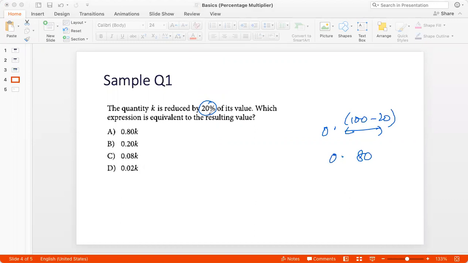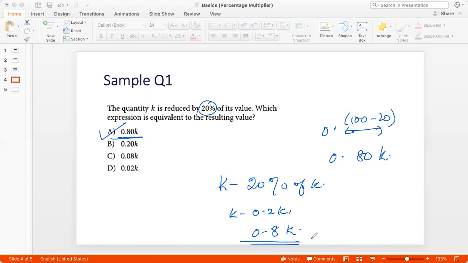So the quantity K reduced by 20% is 0.80K. If I were to do it by the longer method, I would say K minus 20% of K, which is K minus 0.2K, which is 0.8K. So I get the same result. It's just that when you are able to look at the number and look at the pattern, then you can do it within seconds.